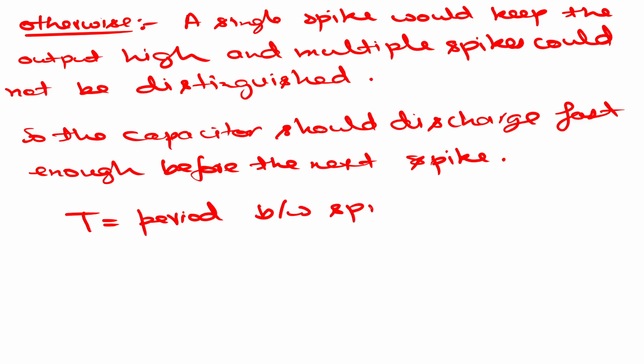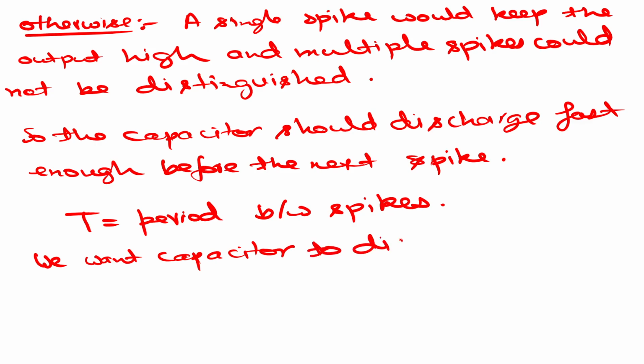So we want the capacitor to discharge before the next spike. In EMI EMC, our aim in using the peak detector is to detect these spikes.